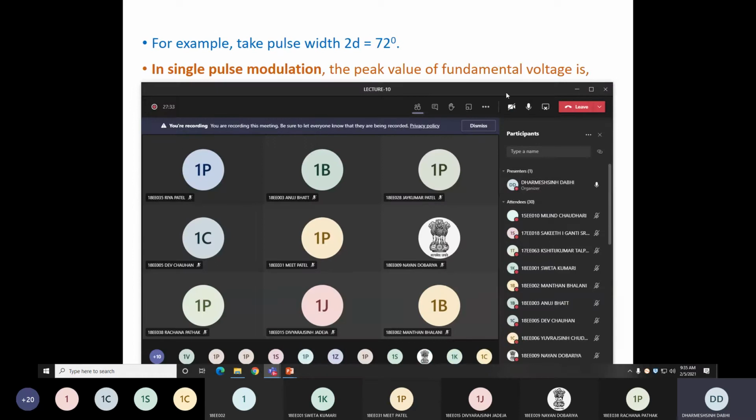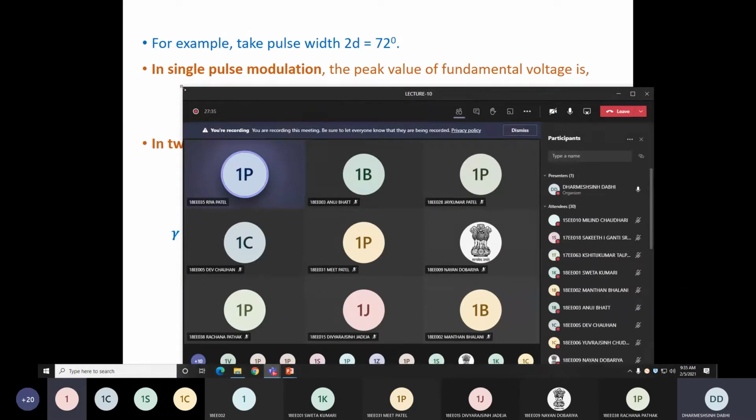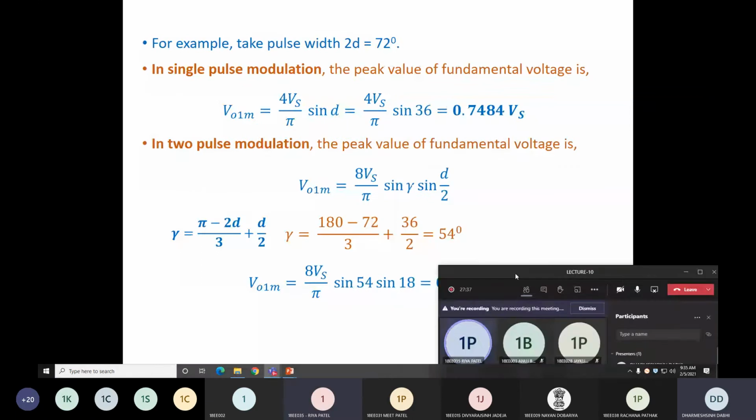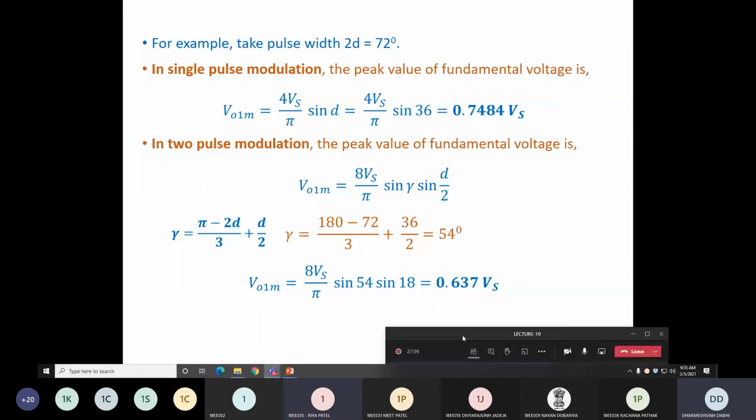In the two pulse modulation technique, the value is lesser as compared to the single pulse modulation technique. Yes. So as we increase the number of pulses, in single pulse we have only one pulse per half cycle, in two pulse we have two pulses per half cycle.